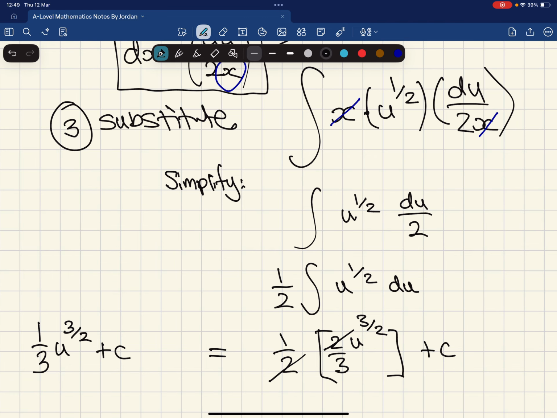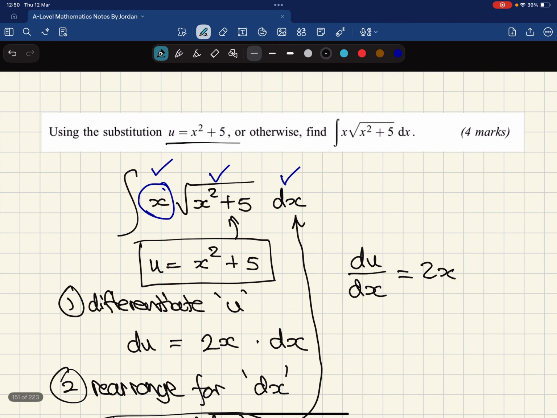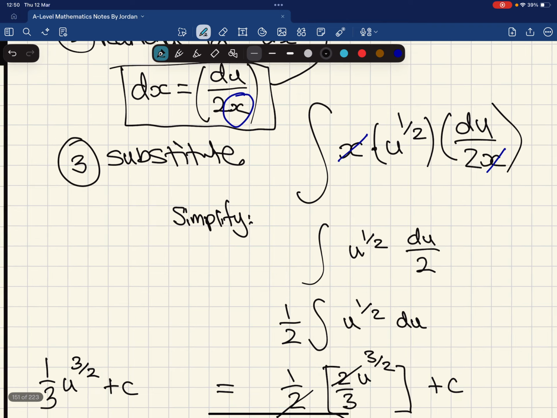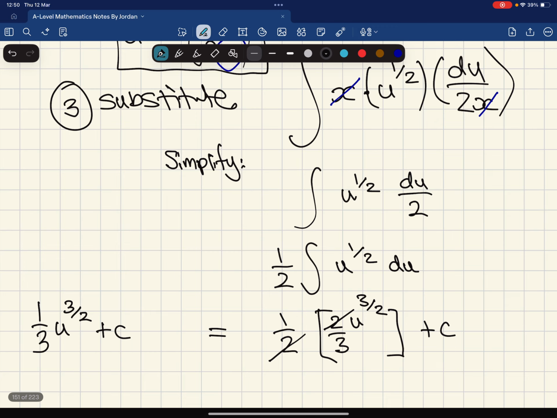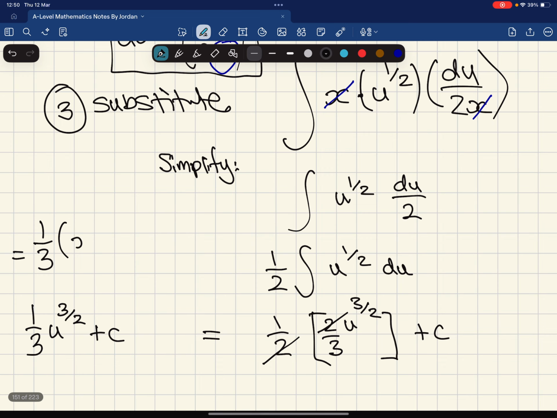Now again, what people tend to forget to do is to substitute in the u at the end. So, remembering that our u right from the start was x squared plus 5, essentially this can be put back in terms of x. X squared plus 5 it was, wasn't it? So, x squared plus 5 to the power of 3/2, and then plus c at the end.